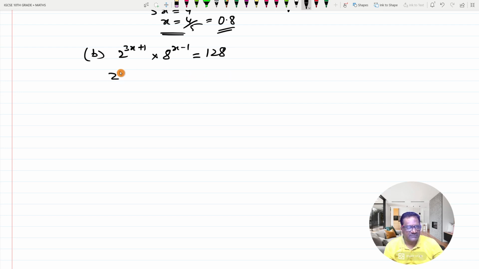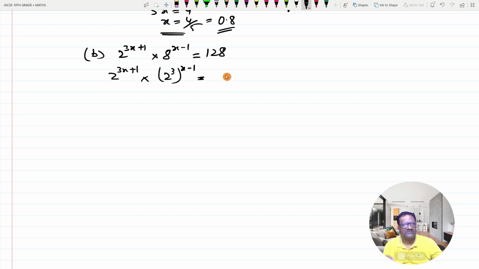So this is 2 raised to 3x plus 1, which I am keeping as it is, multiplied by 8, which can be written as 2 raised to 3, and then raised to x minus 1, equal to, now this 128 can be written as 64 into 2, and 64, as we have seen, is equal to 2 raised to 6, and 2 raised to 6 into 2 will be 2 raised to 7. So ultimately this 128 can be written as 2 raised to 7.